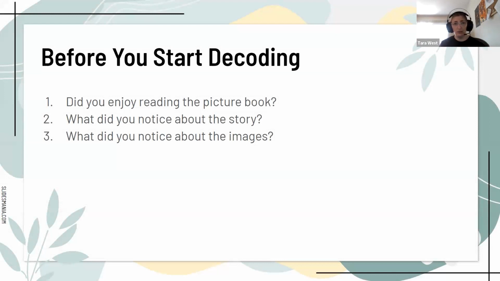So focus on those images. Focus on what would make sense going from the image on page 1 to page 2. You will end up creating the story on your own as you are looking through it. But these would be the 3 questions I would start off with to get an answer before you start doing your decoding, because Another is a very, very different type of picture book.